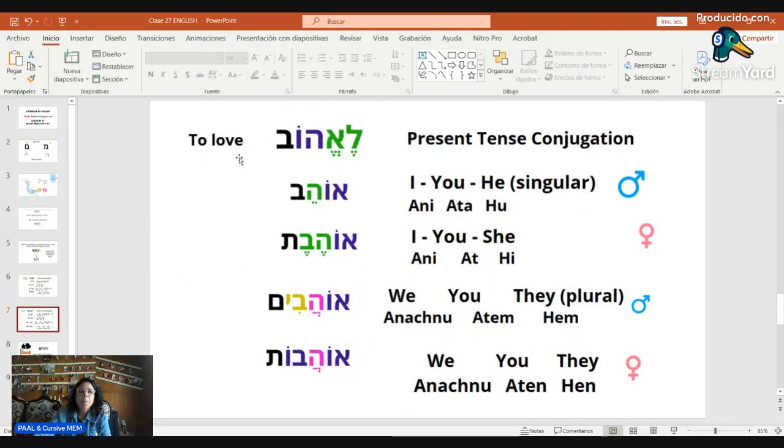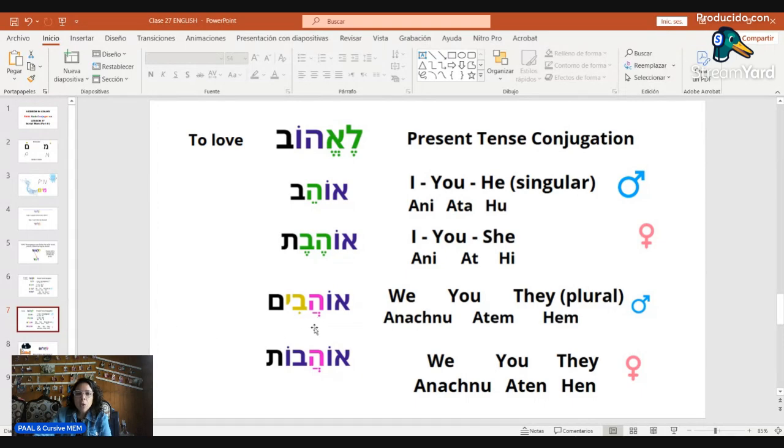Because we have a hey here, and this consonant is guttural, so it will affect the nikud, the vowel.